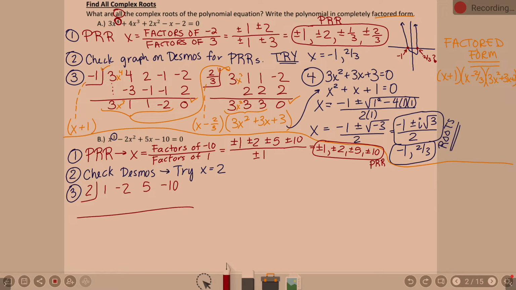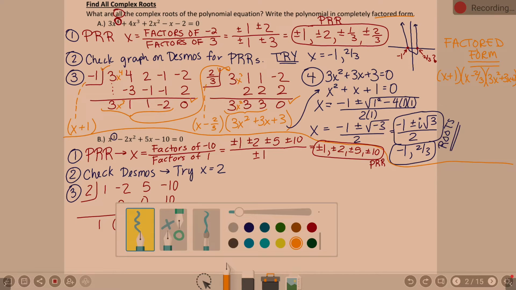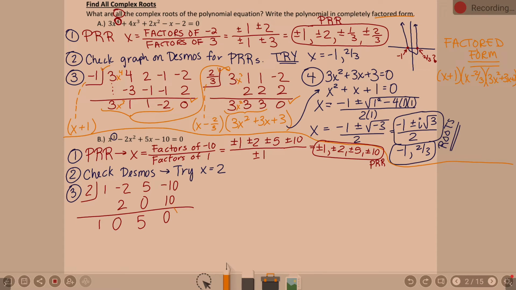Bring down 1. 2 times 1 is 2. -2 plus 2 is 0. 2 times 0 is 0. 5 plus 0 is 5. 2 times 5 is 10. -10 plus 10 is 0. No remainder. No remainder is a good thing, right? That's what we expect, especially since we just checked the graph and saw that it worked on the graph.